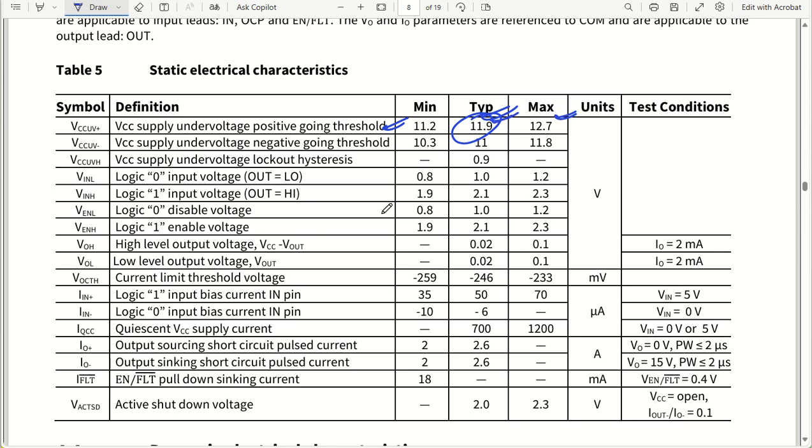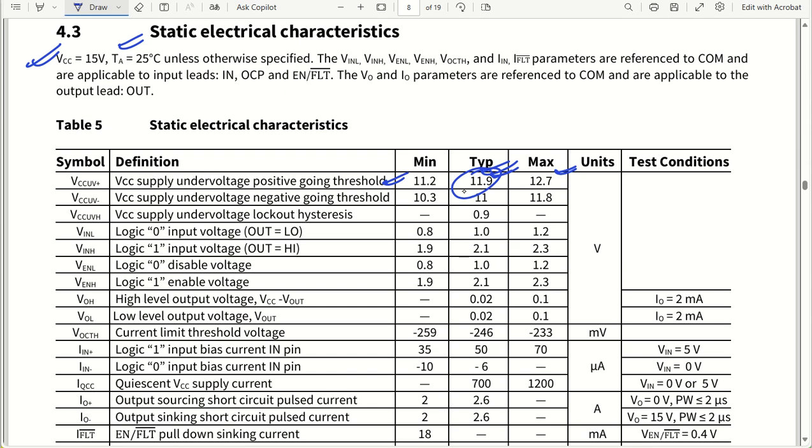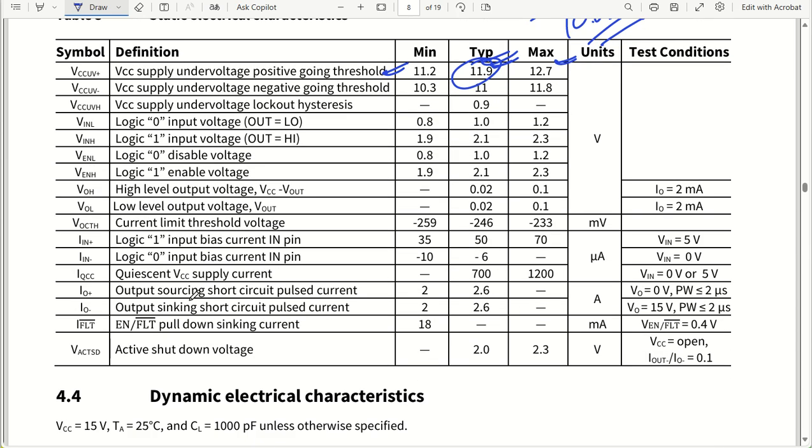If you give 10 volt at the input, it will not start, because the supply required was 15 volt, so a minimum of 12 volt is required, then only it will start. That's the meaning. Similarly, all other symbols and their definitions are given, so we are not going to discuss them right now. It's very straightforward.